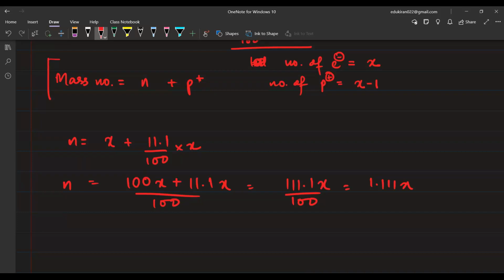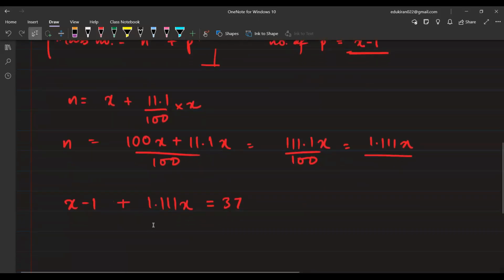Now we are going to use this equation. Number of protons is how much? X minus 1. Number of neutrons is equal to what? X minus 1 plus 1.111x. This will be equal to how much? Mass number. What is the mass number? They have given 37. Now we got a linear equation in how many variables?